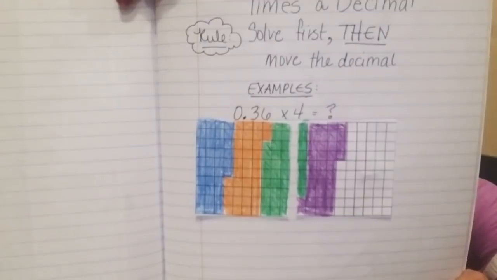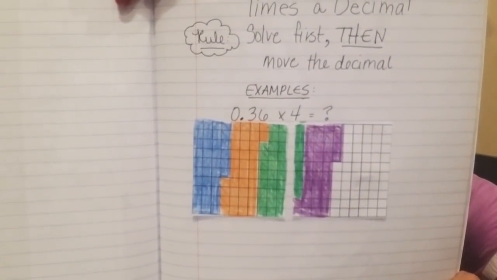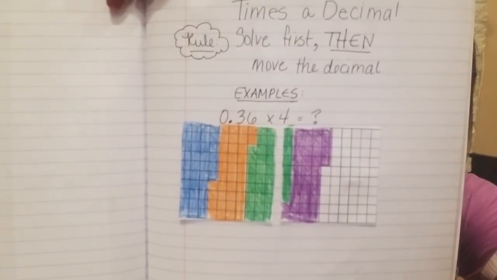So I'm going to put glue on mine again because it's starting to fall off. But right now I'll show you in just a second what it should look like. Alright, so right now that's how mine looks. I shaded in 36s 4 different times, okay?